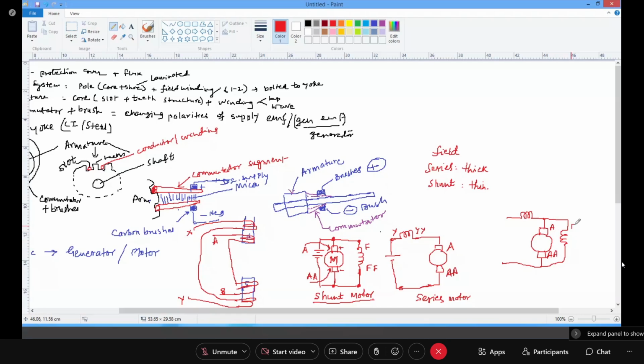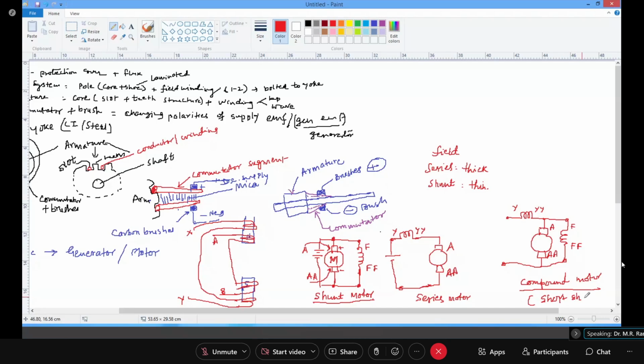So this is F. This is a compound machine where both the field windings are connected. Specifically, to be more precise, it is a short shunt. This is a type of compound motor.